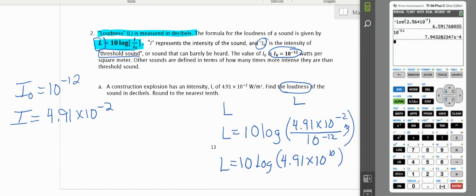But you could have even put it all in your calculator. I'd have 10 log 4.91 times 10 to the negative 2, and then I'm dividing it by 10 to the negative 12.